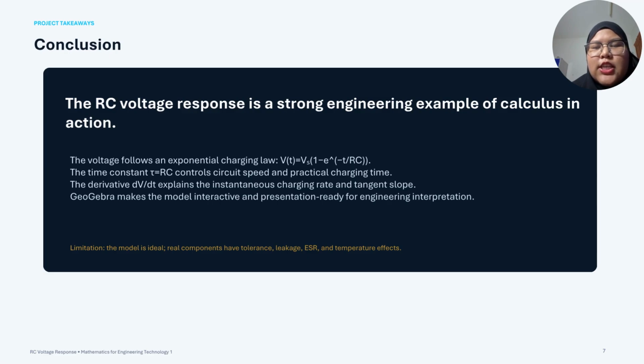The time constant τ equals RC determines how quickly the capacitor charges and provides a useful design parameter in real circuits. The derivative of the voltage equation represents the instantaneous charging rate and is closely related to the tangent line of the charging curve. Using GeoGebra allows the mathematical model to be visualized clearly and interactively, making the engineering interpretation easier to understand.